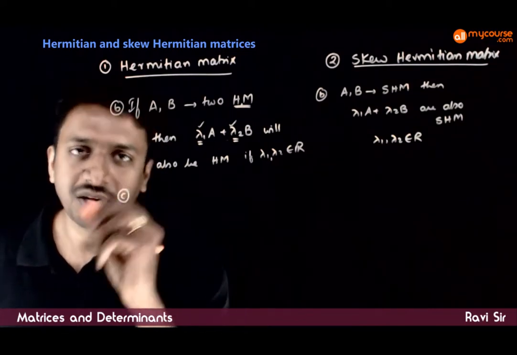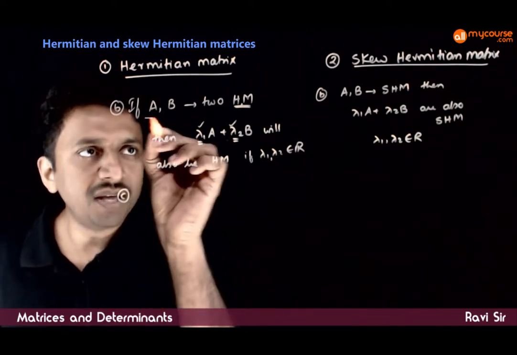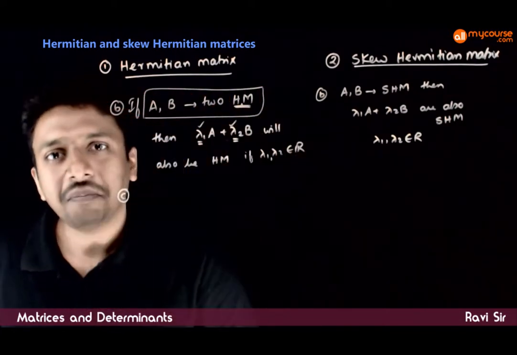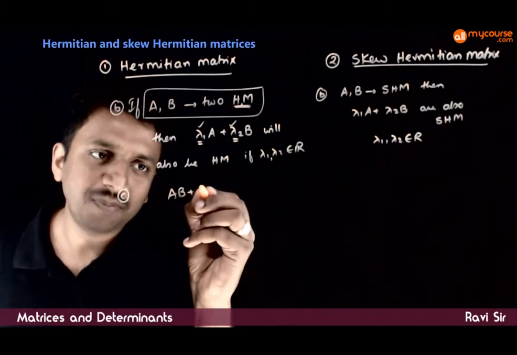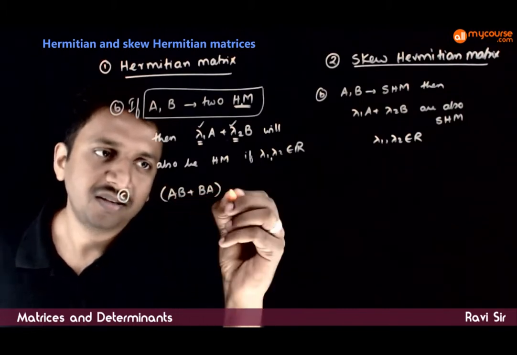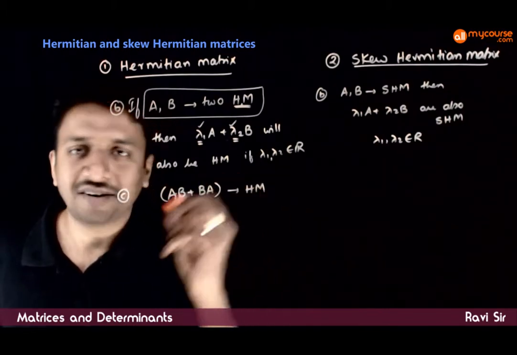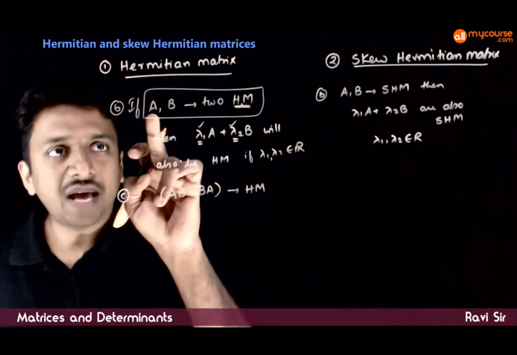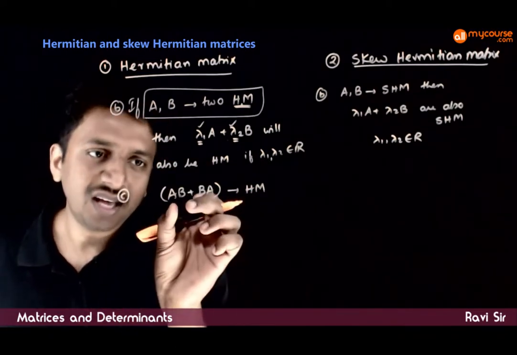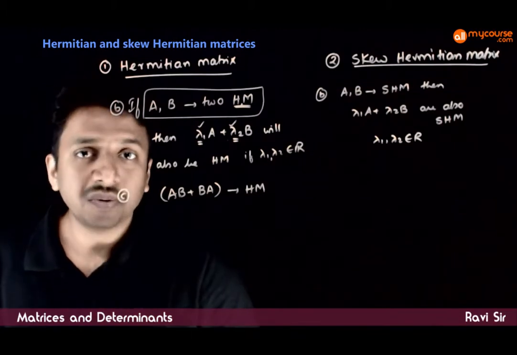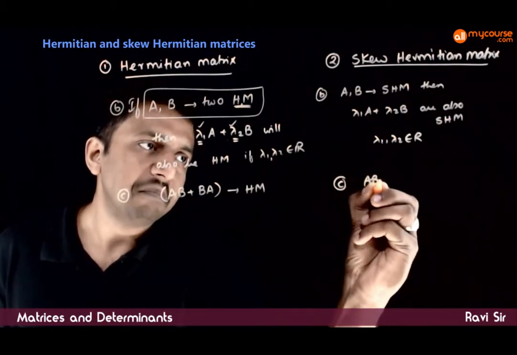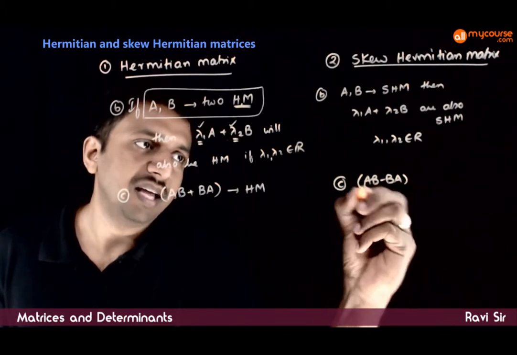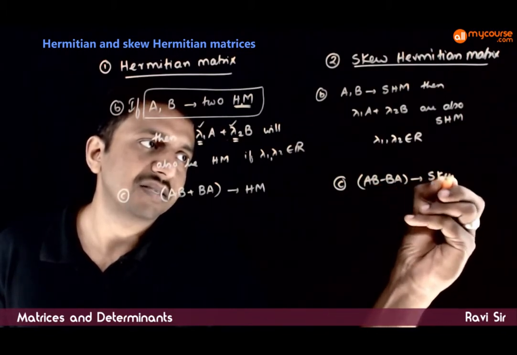Let's go to the third property. If A and B are again Hermitian matrices, AB plus BA is also a Hermitian matrix. So if you have two Hermitian matrices, AB plus BA is also Hermitian, and AB minus BA is a skew Hermitian matrix.